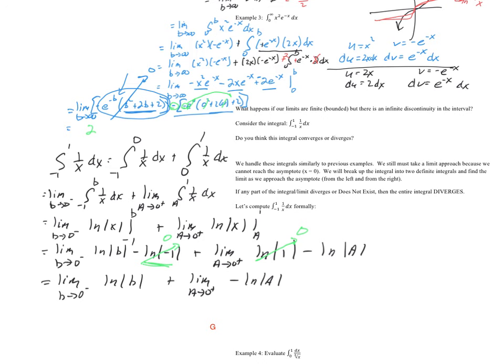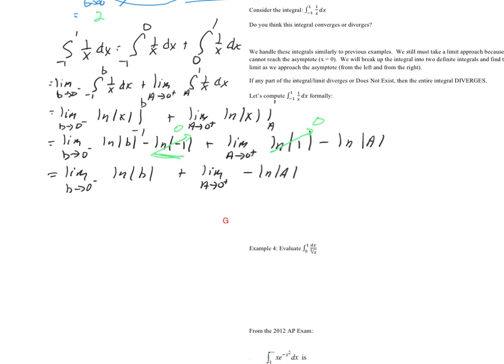All right, so now if we looked at a graph of this, especially with the absolute value, the natural log of a positive, but if it's of an absolute value, it's going to have the symmetric version on the left side of the y-axis.